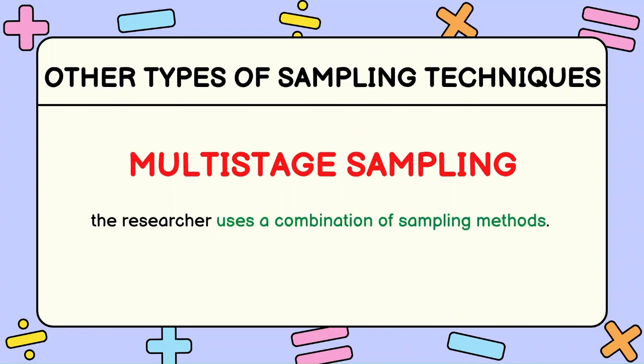Now we have also multi-stage sampling. The researcher uses a combination of sampling methods. From the word multi-stage sampling, the sample or the population undergoes different stages in selection.